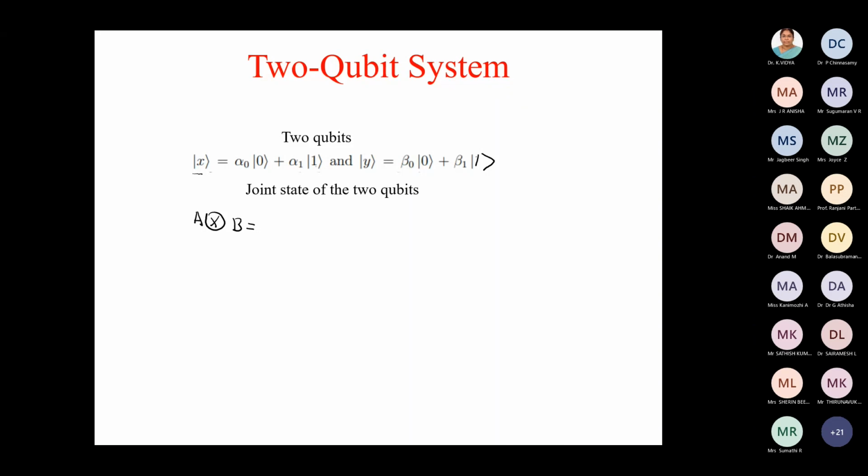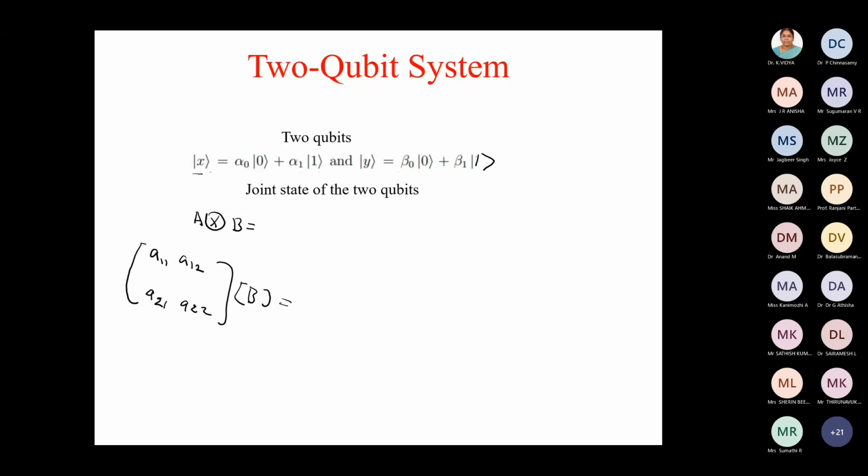Assume that these 2 matrices are of size 2 cross 2. Suppose this is the A matrix. Anyone? What is the tensor product? Okay, so tensor product is nothing like this.